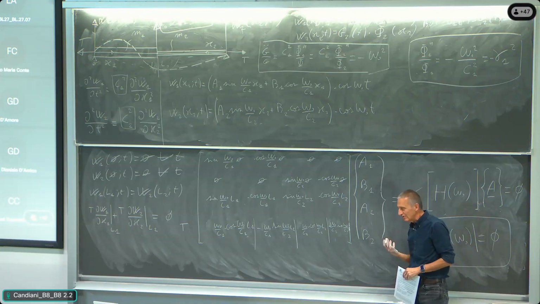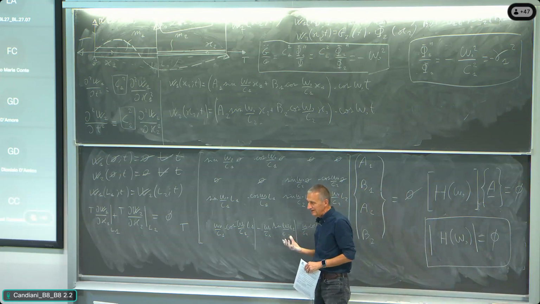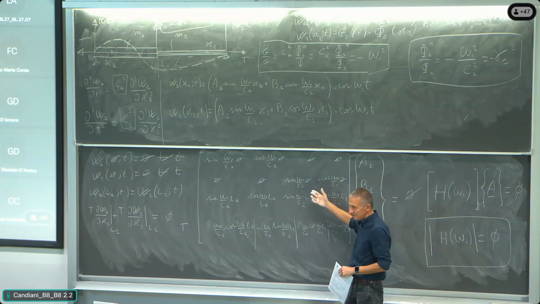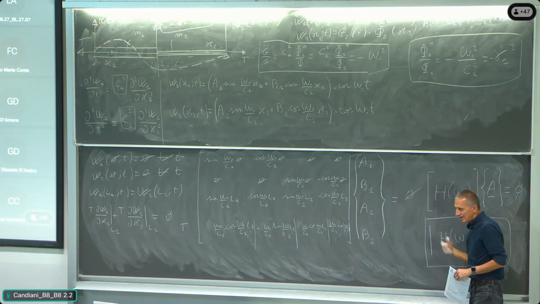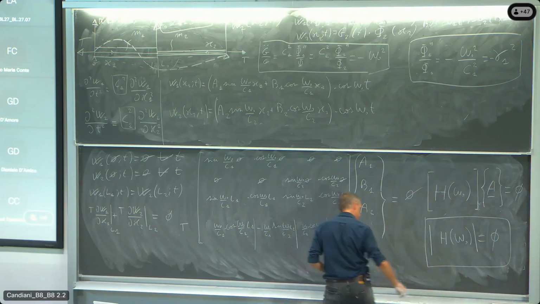You should recognize that it is incredibly complicated to find the value of omega 0, because here the unknown, the free parameter, is omega 0. It is the only free parameter. And so we have to search for the value that makes this determinant null. So the solution can be only numerical.